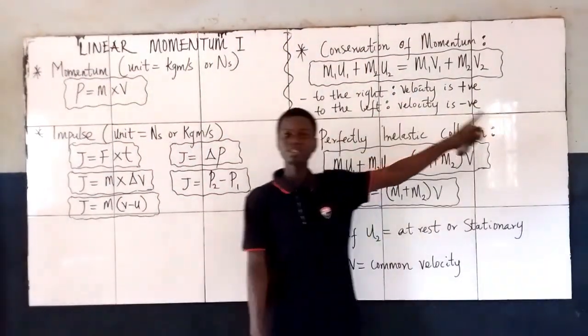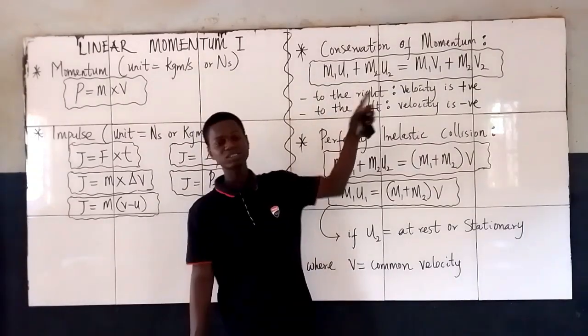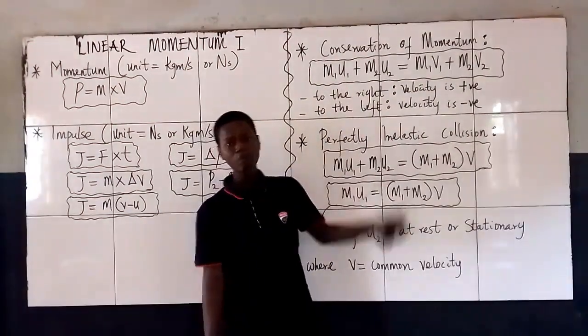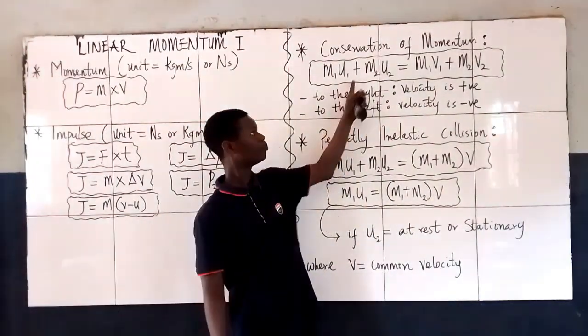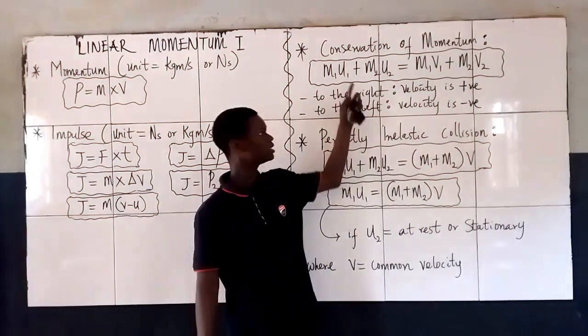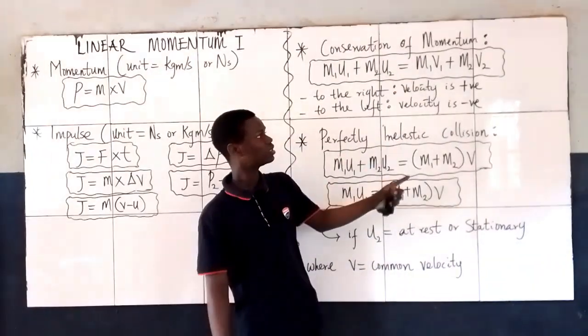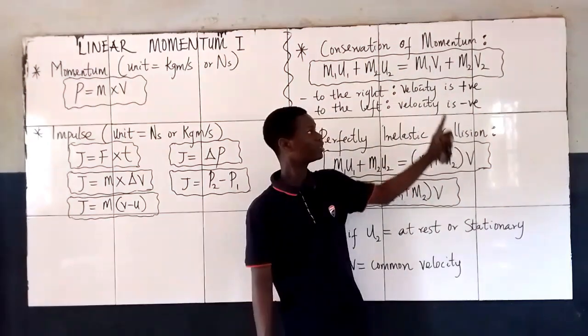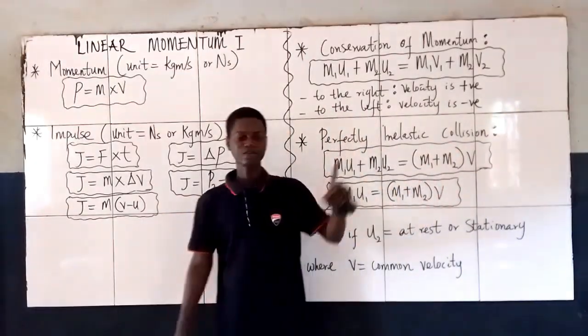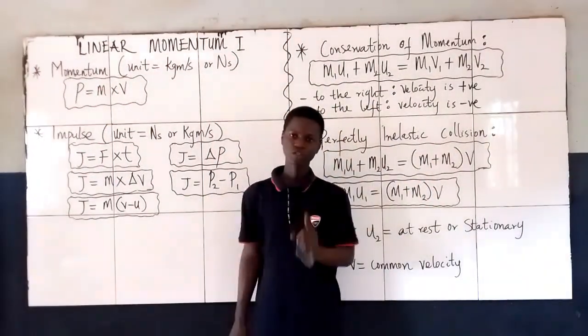When you sum it up, it should be equivalent to the summation of the momentum of the two bodies before collision. And this is the formula where you have M1U1 added to M2U2 is equivalent to M1V1 added to M2V2. This is the formula under conservation of momentum.